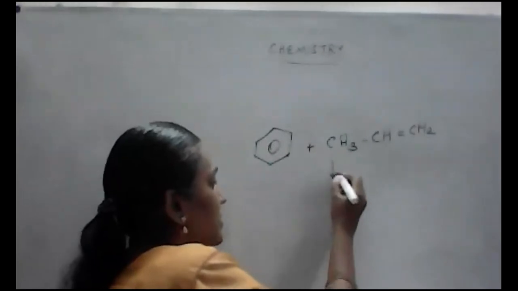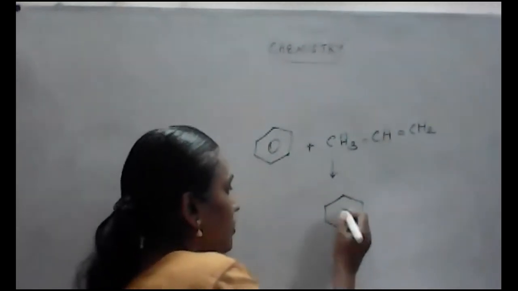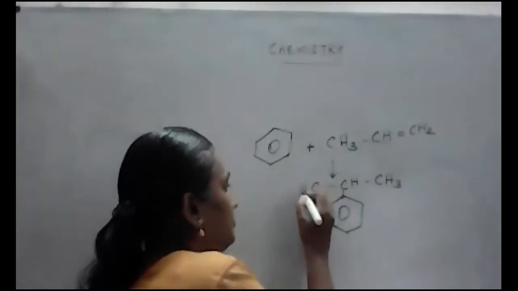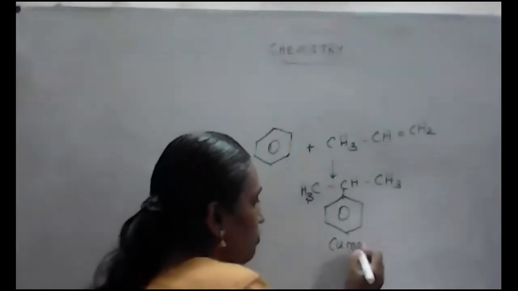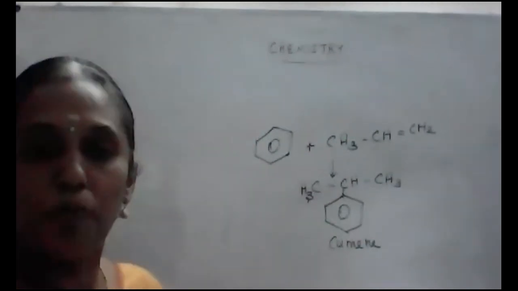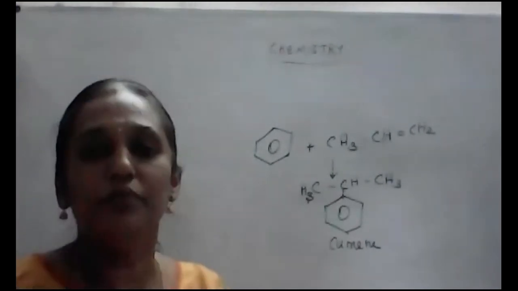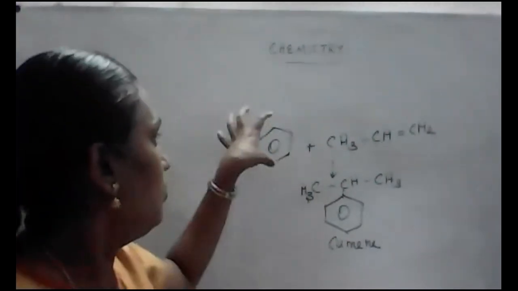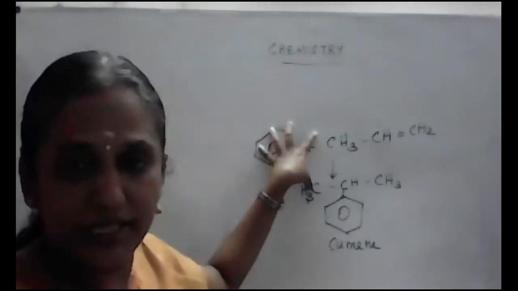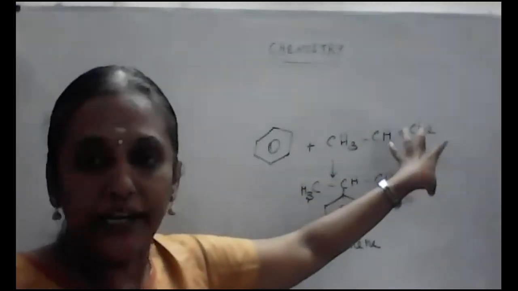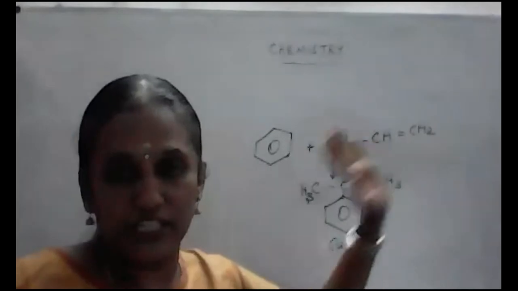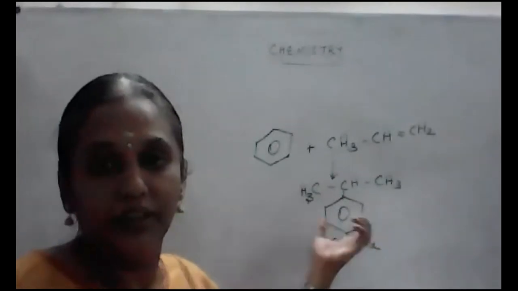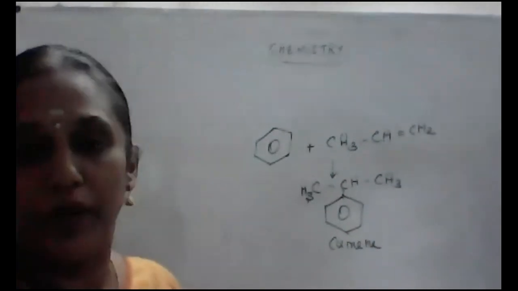When this reacts, we get C6H5-CH(CH3)CH3. This isopropyl benzene is called cumene. So let me go through the preparation of cumene once again. It's just an addition reaction. We take benzene and make it react with propylene. The double bond gets broken and it gets added. The second carbon carries the CH3, CH3. That's why I told you the name was isopropyl benzene.